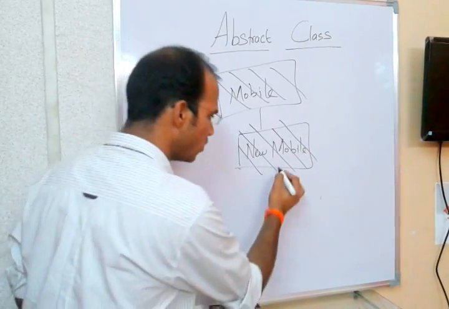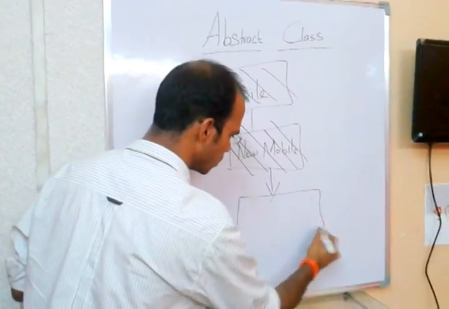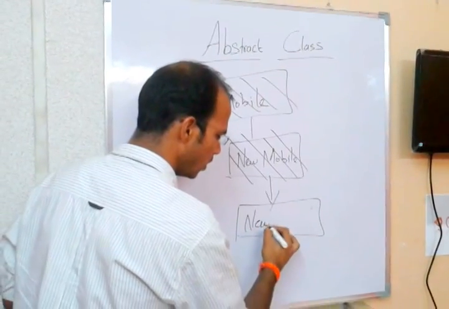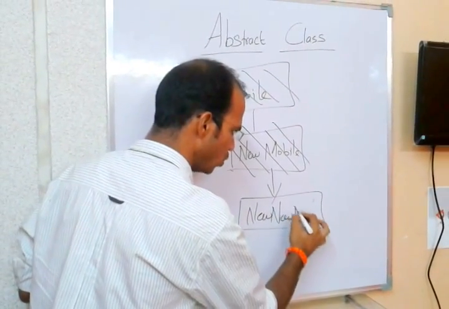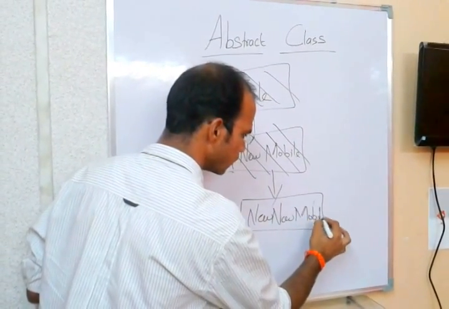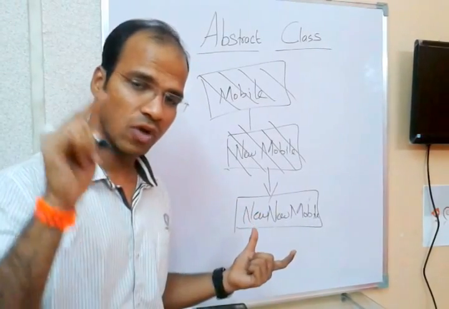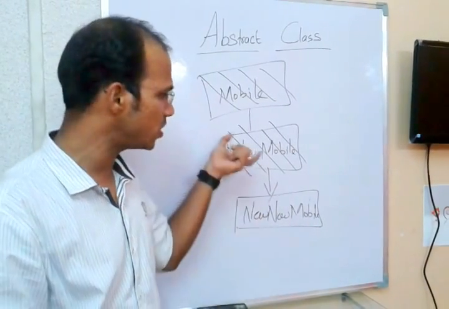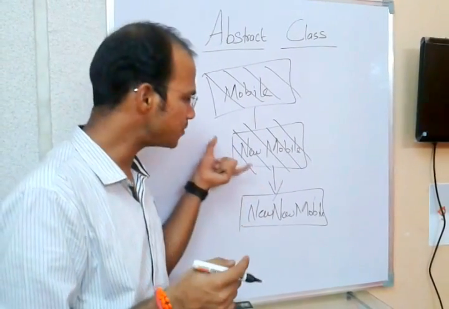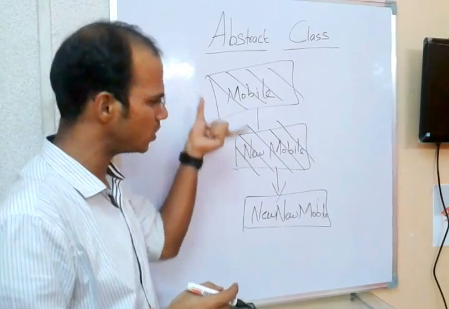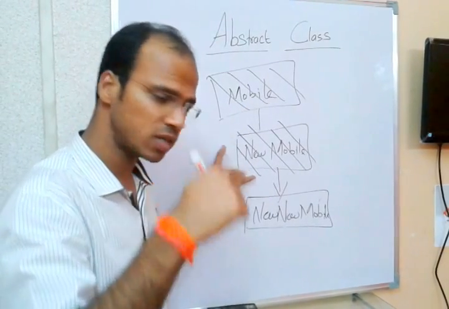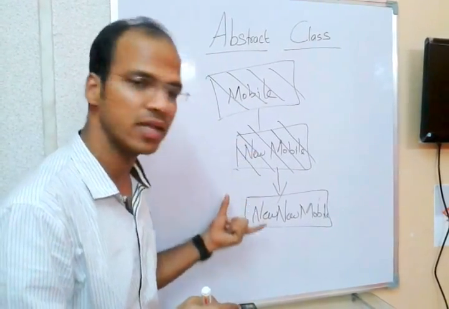That means you have to define a new class, the New Mobile class. In this, you have to define the method which is declared here. The abstract method in this class carries over to this class, and the abstract method which is in this class, we have to define in this class.